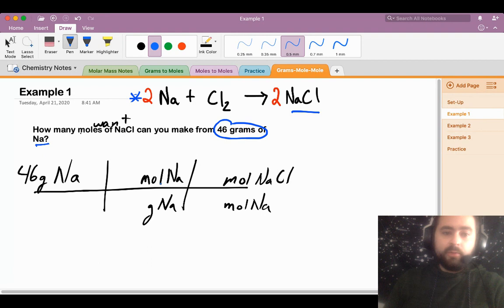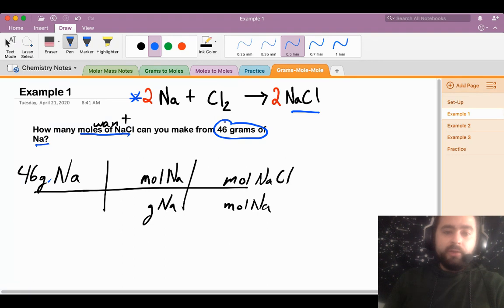So I'm going to get the molar mass of Na. So I need moles on the top also because I'm going from grams to moles. So grams to moles, both of Na. Then when I write the unit here at the top, I'm going to write at the bottom. And then this last box is what I want. And what I want is moles of NaCl.